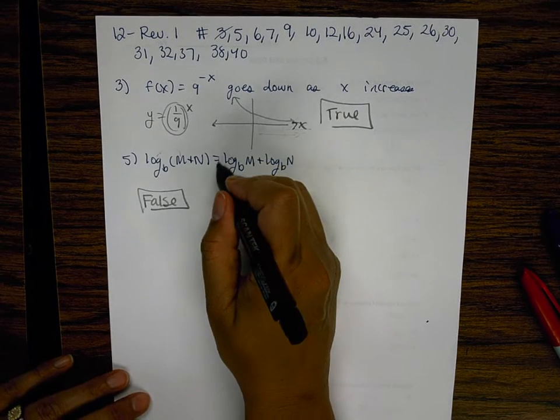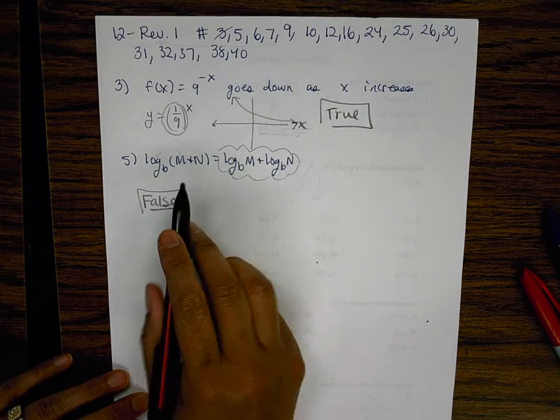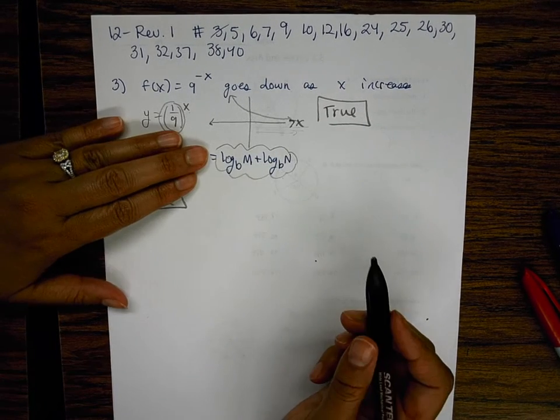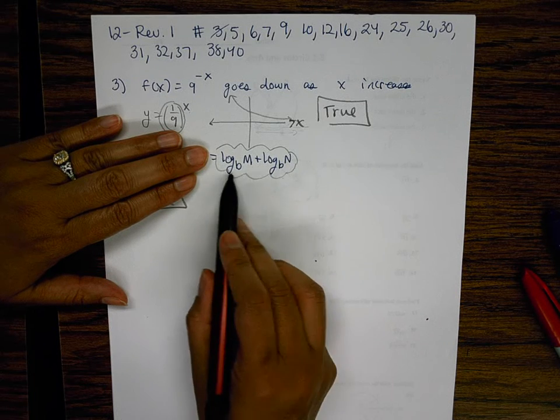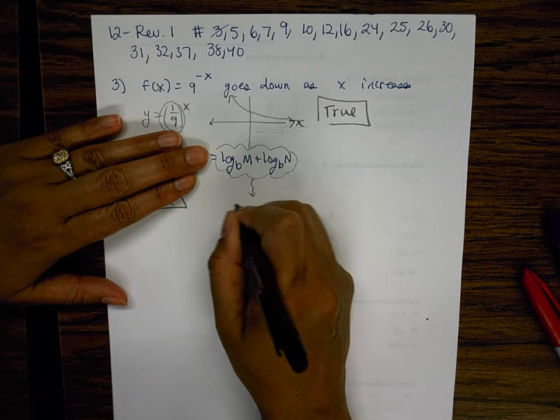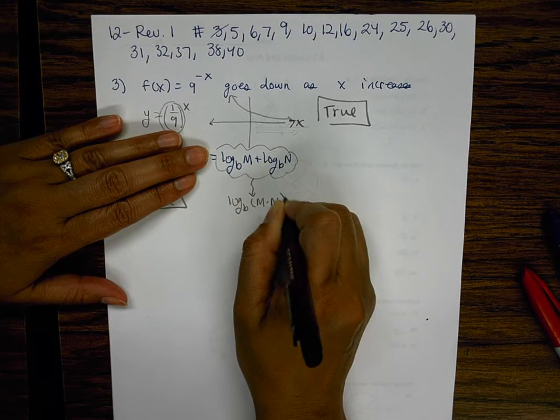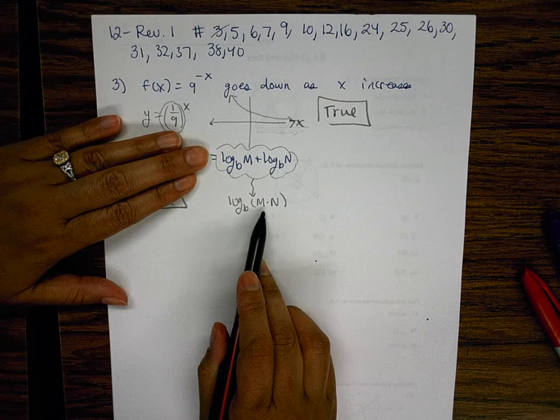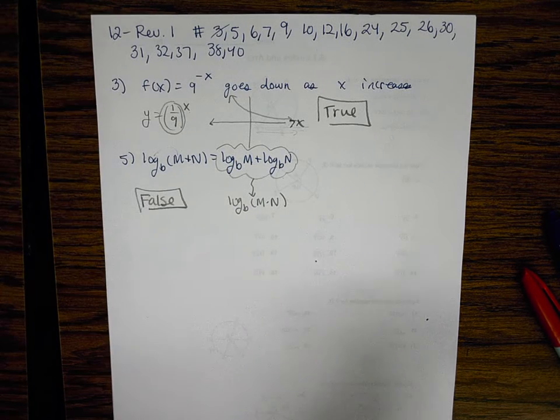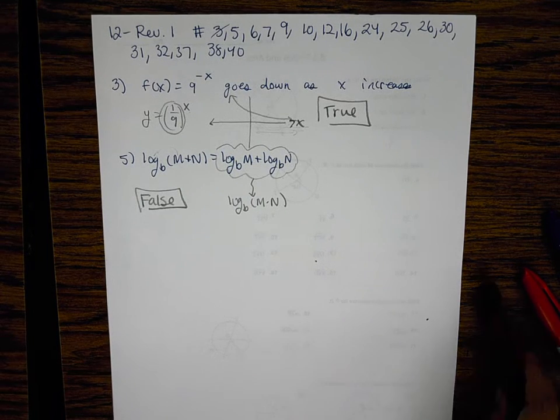Now, we do have something for this, not for the one over here, but this one here. When I have two separate logs that are being added and they have the same base, I can write it like this, log base b of m times n. That's a log law. But that still does not equal this, so it is still false.